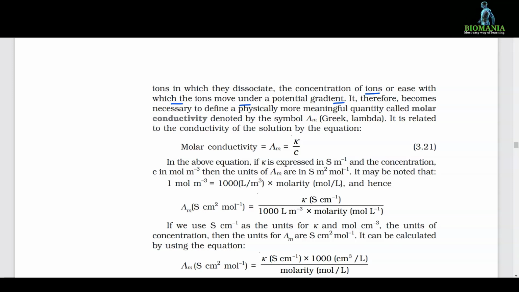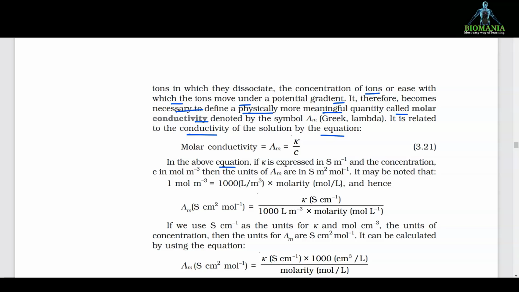It therefore becomes necessary to define a physically more meaningful quantity called molar conductivity, denoted by the symbol lambda. It is related to the conductivity of the solution by the equation Λm = κ/C. In the above equation, κ is expressed in S m^-1 and the concentration C in mol m^-3, that is mole per meter cube.